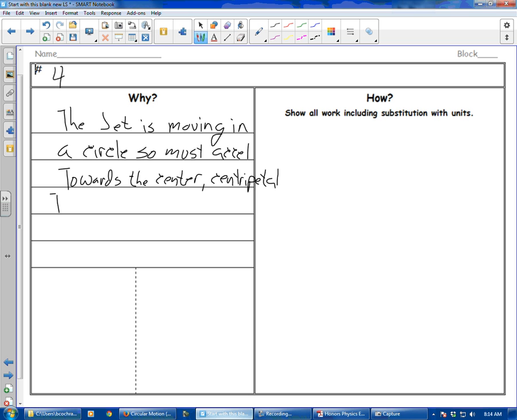I'd also probably put in there, to show I understand, that the faster the speed, or the smaller the radius, the higher the acceleration.